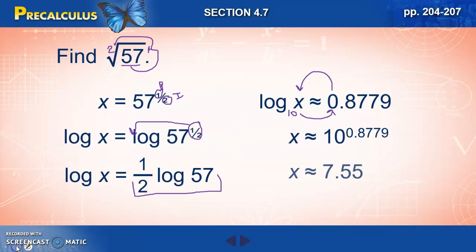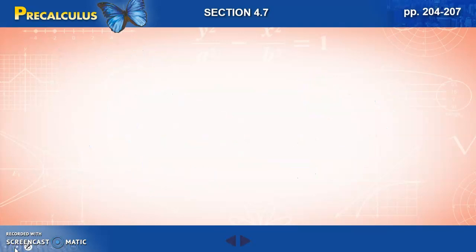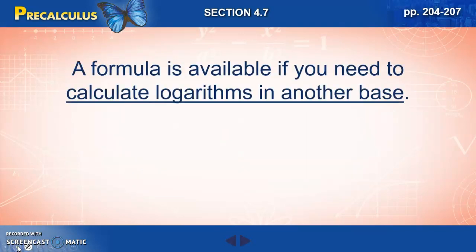Plugging that into our calculator, we get x is approximately 7.55. So that tells us, if we remember what we were trying to find, the square root of 57, that x is approximately 7.55. So again, logarithms are a helpful way to find roots of numbers that are not perfect roots.